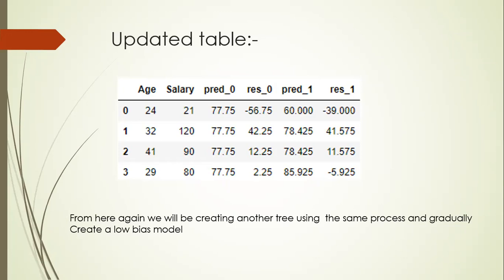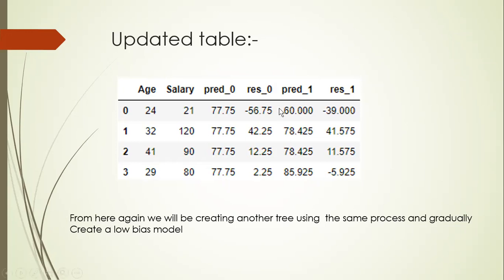Gradually the errors will decrease and the prediction will move towards the actual data, and at last we will create a low bias model. So this was all about XGBoost working.